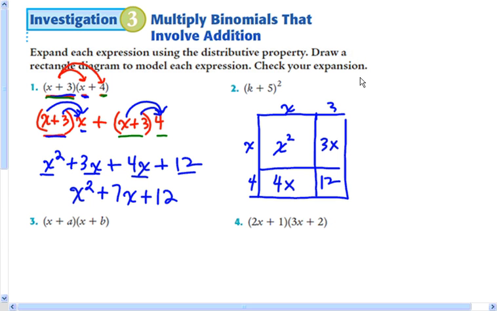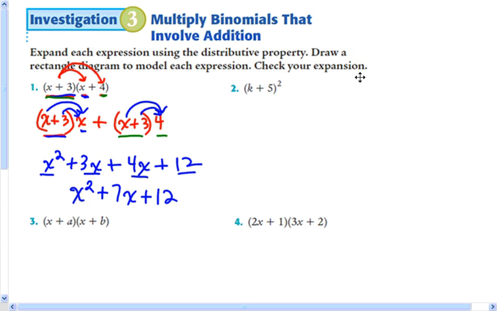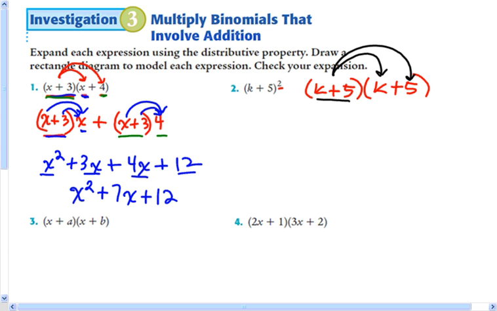All right, let's try another one of those. This one, the power of 2 is used to represent that we're multiplying k plus 5 times itself. So I'm going to write that in expanded form, and then I'm going to use the distributive property to expand that. Again, we want to multiply k plus 5 times the first term k, and k plus 5 times the second term 5.